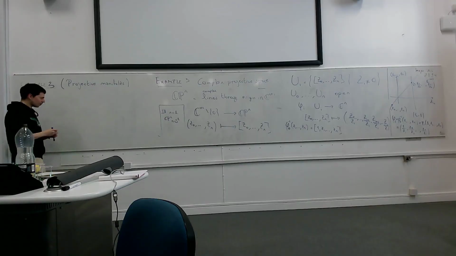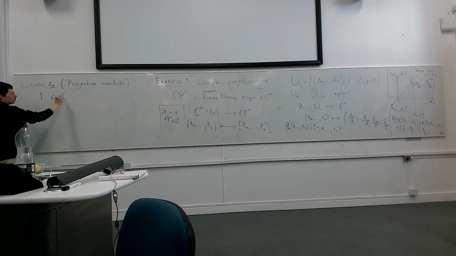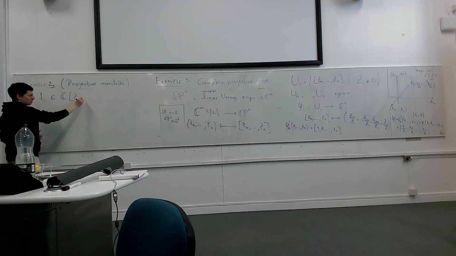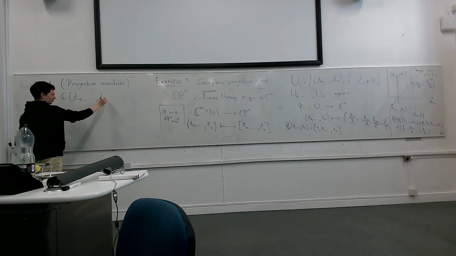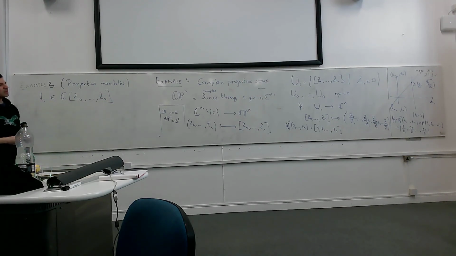So now, if we have polynomials, let's say f_i, in these variables z naught up to z n, I will require these polynomials to be homogeneous.